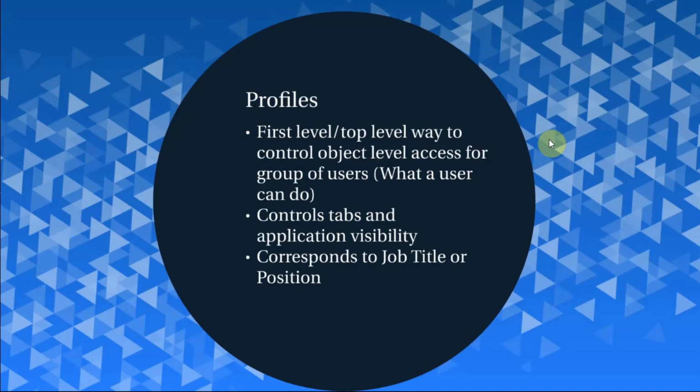In the example we showed, we were able to hide our custom Jim's Clothing application. And it typically corresponds to a job title or position. So we have the marketing user profile or marketing coordinator profile.